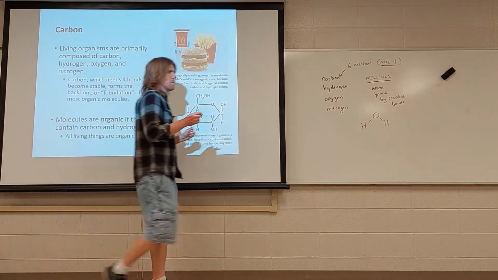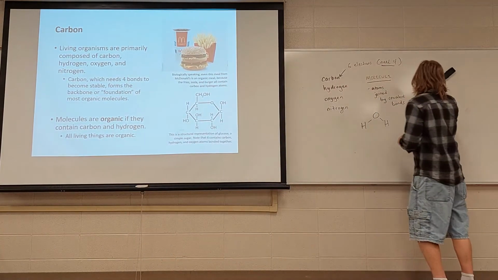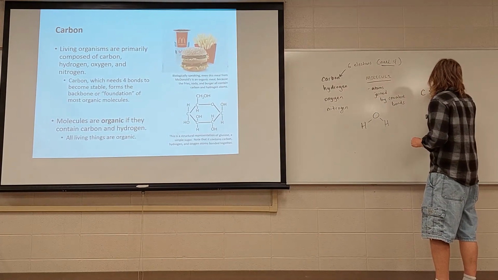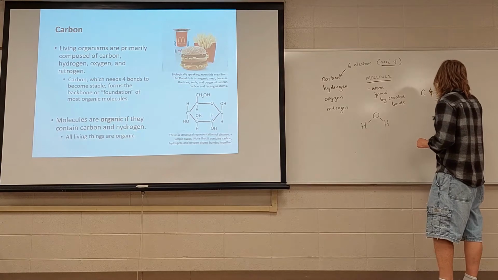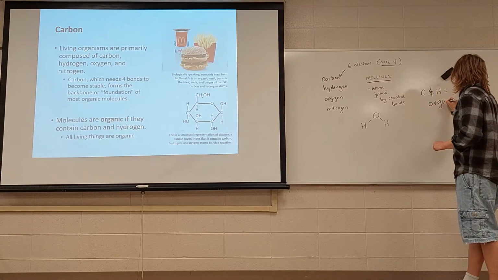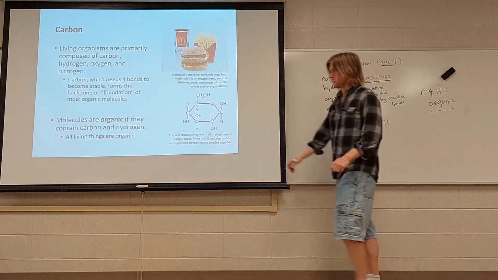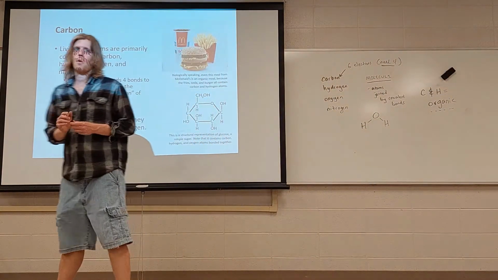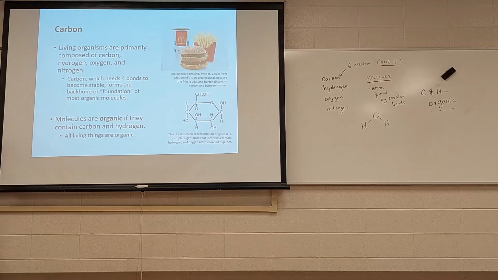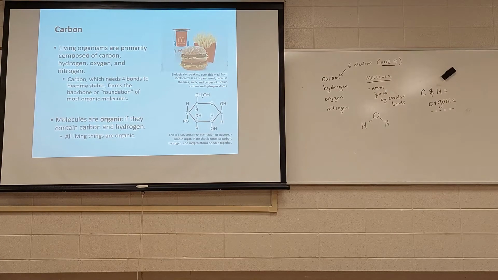If a molecule has carbon and hydrogen, it is said to be biologically organic. So you hear organic, you think of going to the grocery store, you find that section of food that has no pesticides, locally grown, way more expensive.